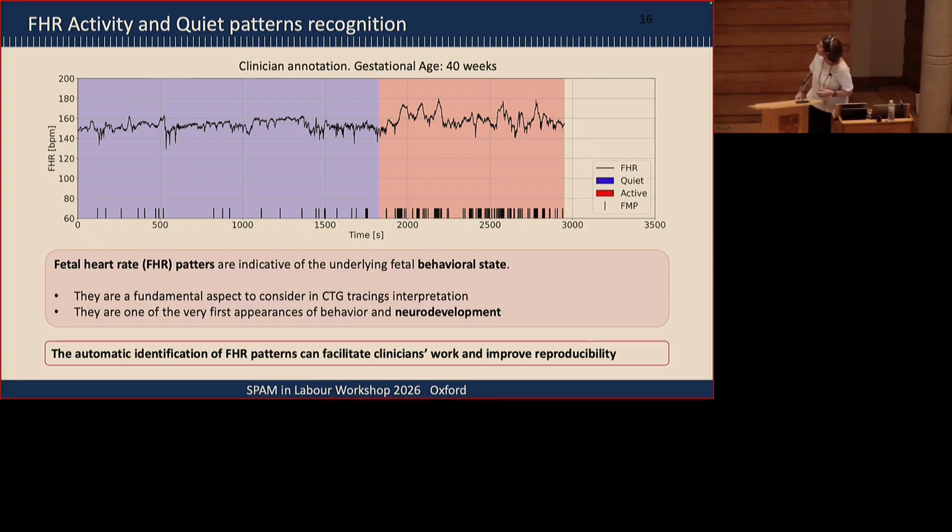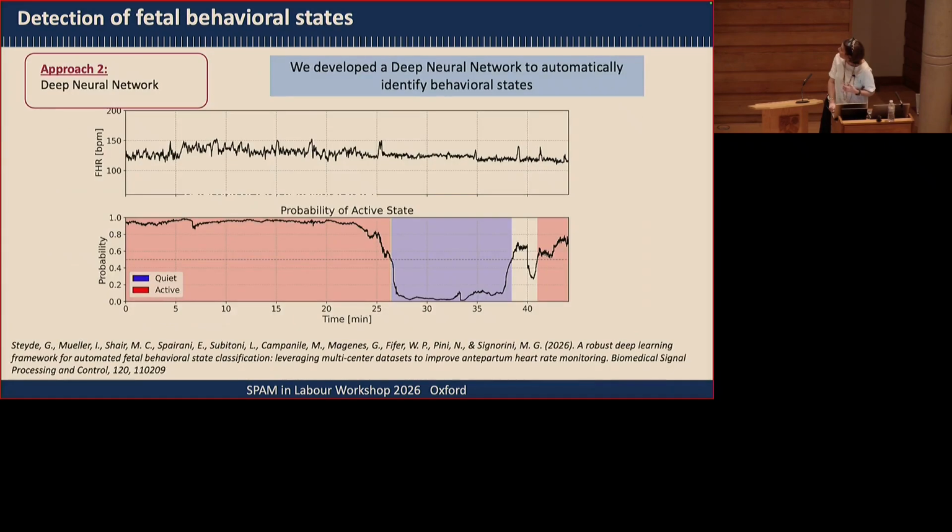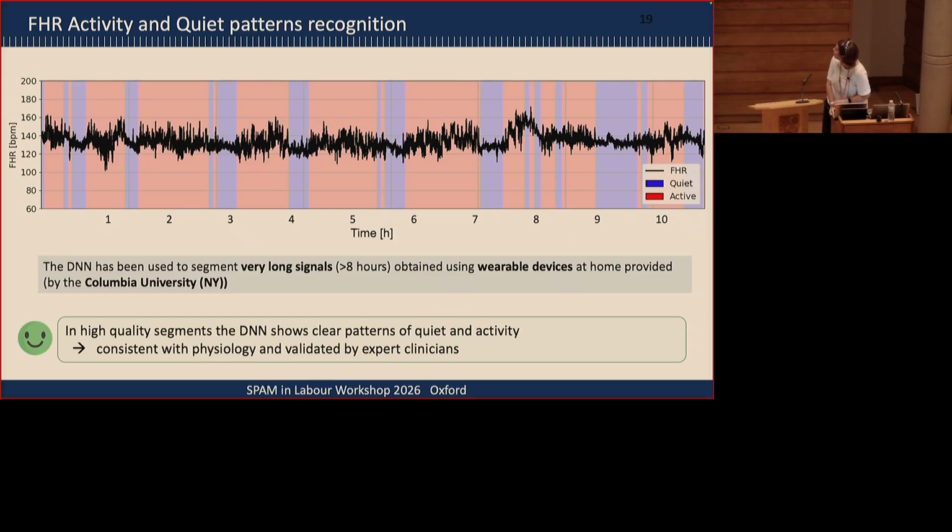Behavioral states here are represented by activity and quiet states, and through deep learning, in particular supervised learning, using hidden Markov models in the first approach, the approach provides a level of probability to be in active or quiet states, and this is quite similar to the classification made by expert clinicians.